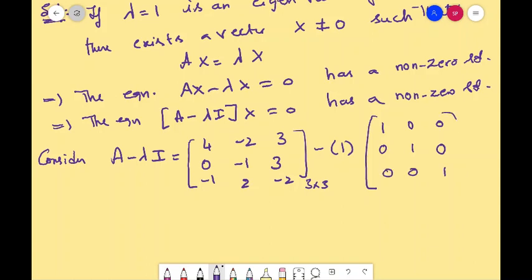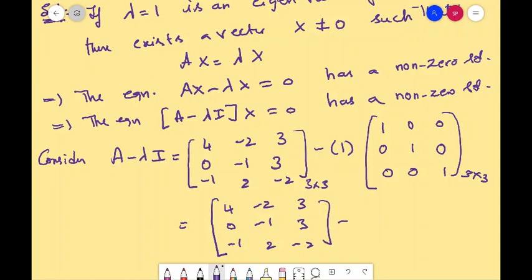So this is the matrix minus 1 multiplied with 1 0 0, 0 1 0, 0 0 1.